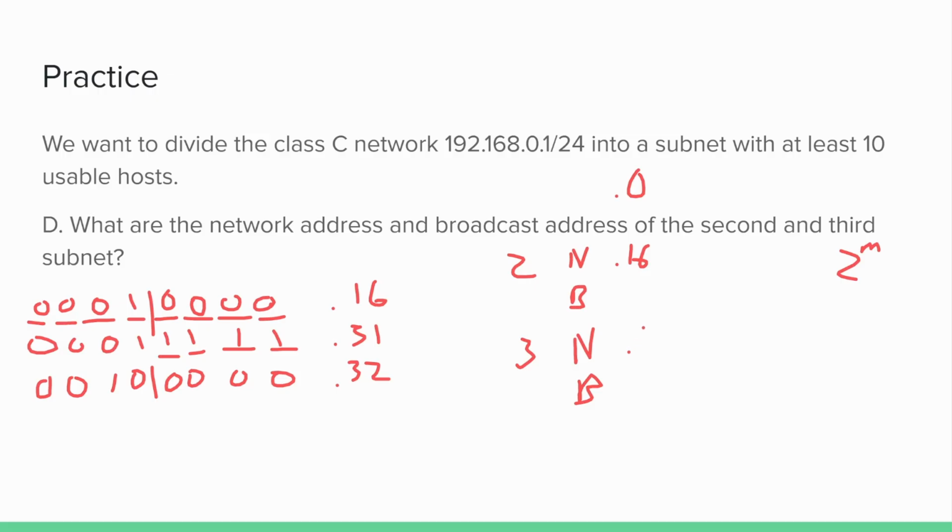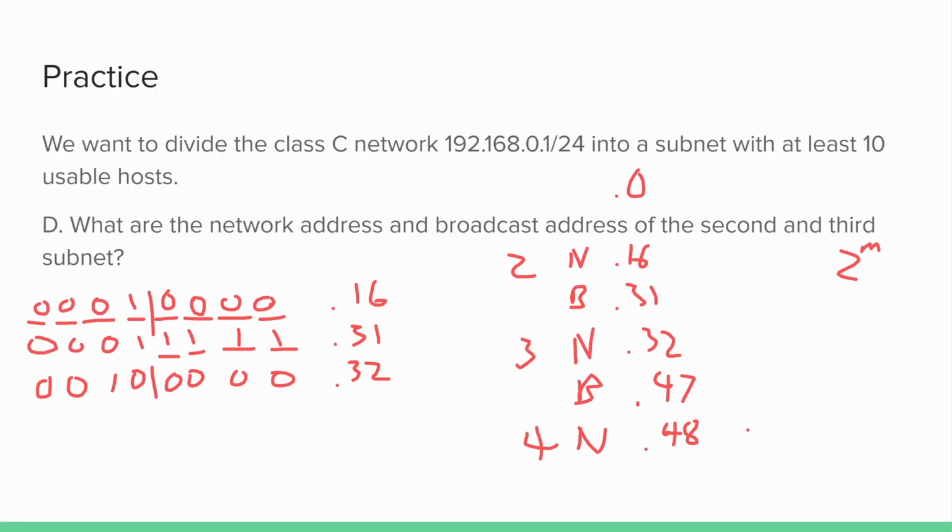And same thing for this one, .32. And the broadcast address is always just going to be 1 less than the network address of the next subnet. So this is going to be .31 here, and for this one, in order to find this, we can just go to the fourth subnet, right? Add 16 again to get 48. So we now know that the network address for the fourth subnet is .48, and then subtract 1 for .47 for the broadcast address of the third subnet.